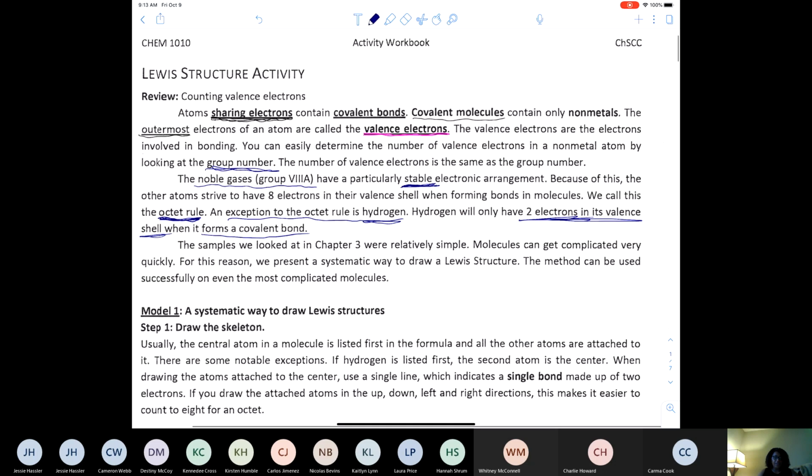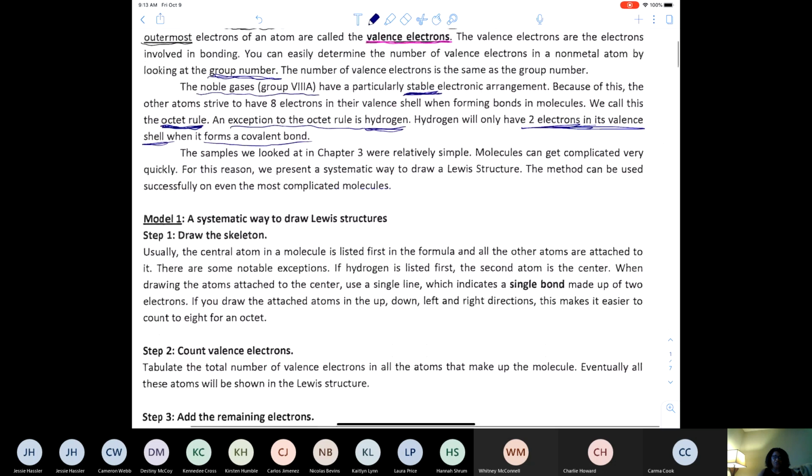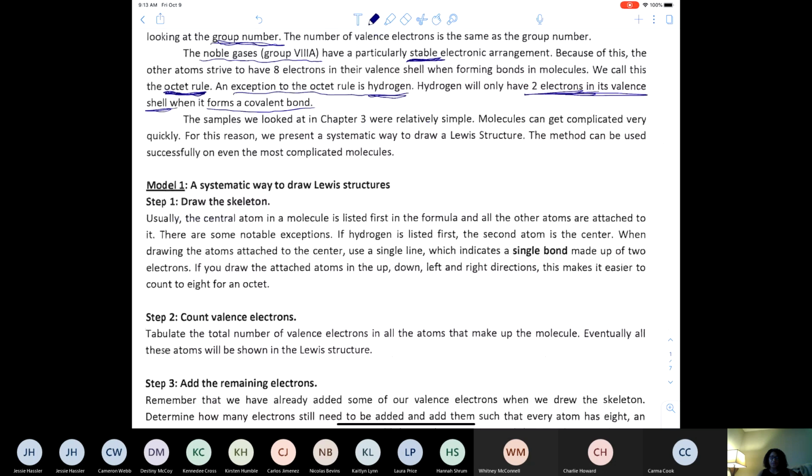And so in our lecture this week, we've practiced drawing some Lewis structures. And so far, I think the Lewis structures that we've drawn have been pretty straightforward and simple, but some molecules can be more complicated. But no matter how complicated the molecule structure is, we still follow the same basic rules for drawing Lewis structures.